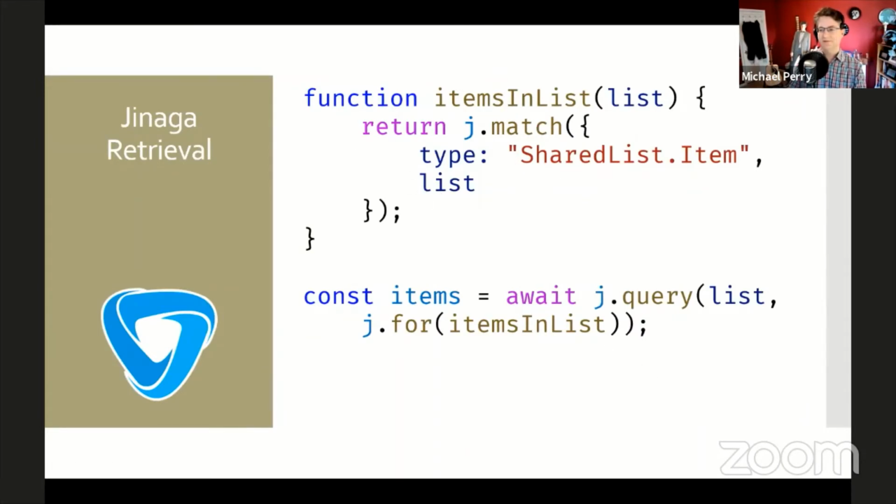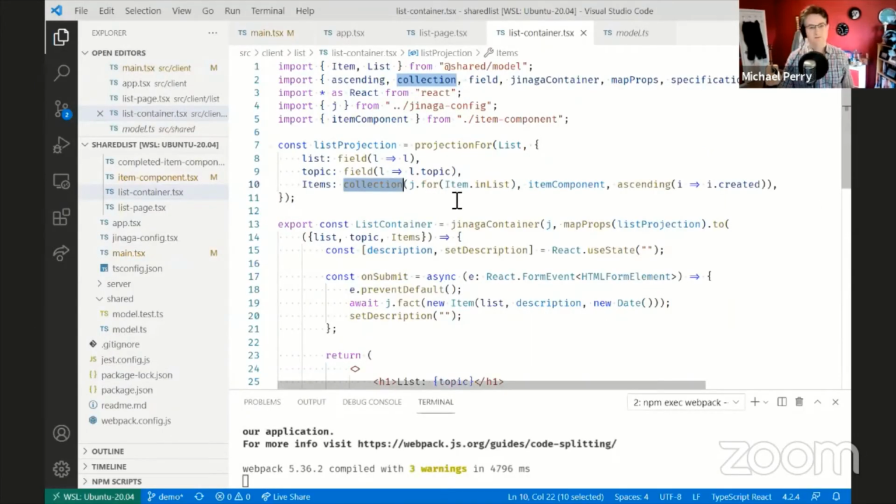So that's items in list, and j.for is how we say that we want to execute that specification. So, okay, get the items in the list, and now I want you to bind them to this item component. And then display them in ascending order by their created date.